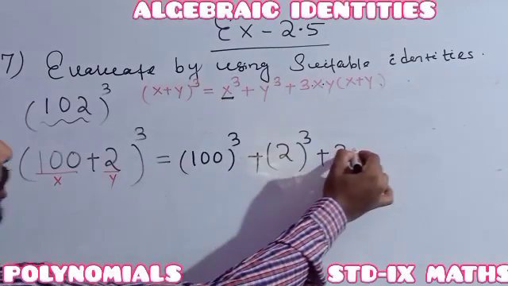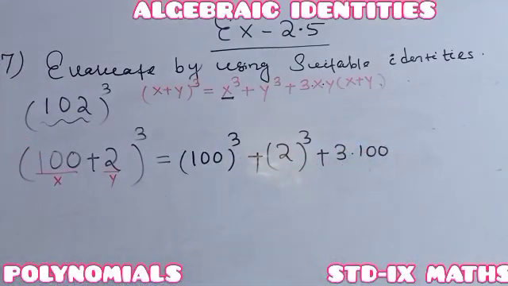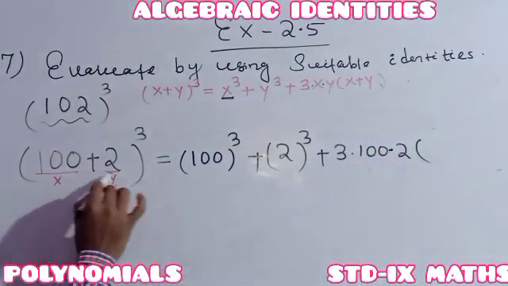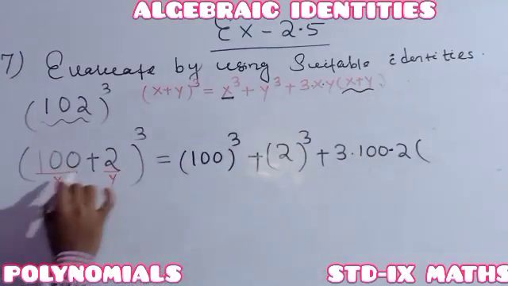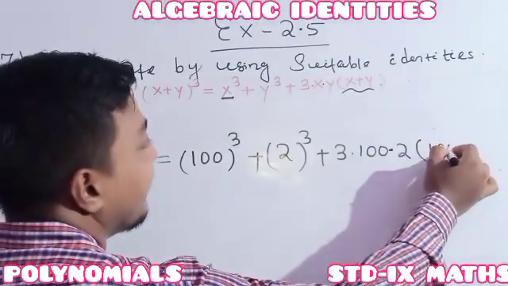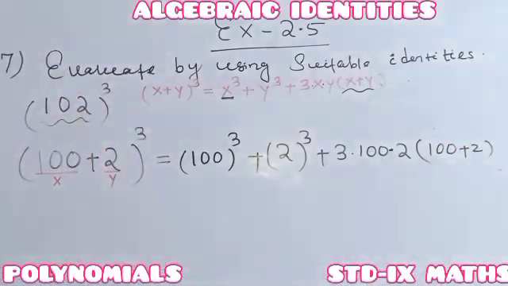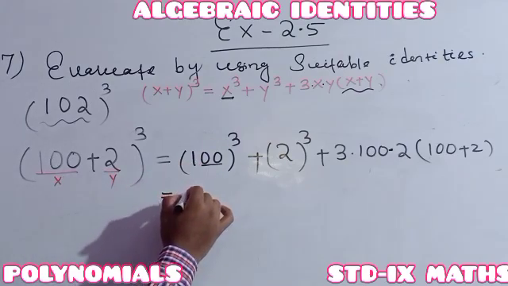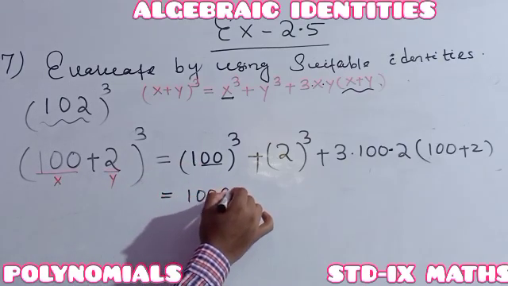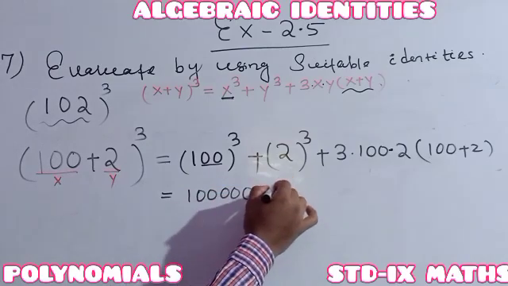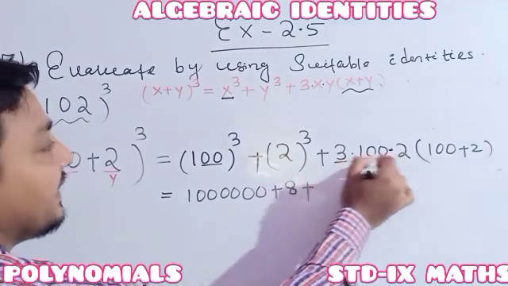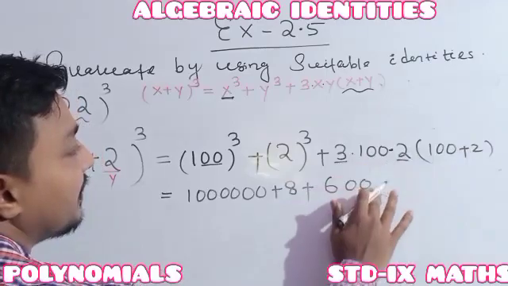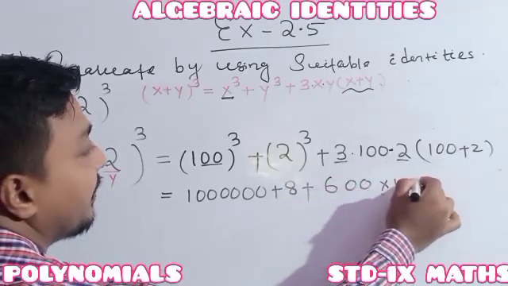First number is 100, second number is 2, and within the bracket x plus y means 100 plus 2, which is equal to 102. Here 100 is 1 followed by 2 zeros, so its cube is 1 followed by 6 zeros. Here it is 8. Here 3 into 2 is 6, which becomes 600, into 100 plus 2, equal to 102 into 102.